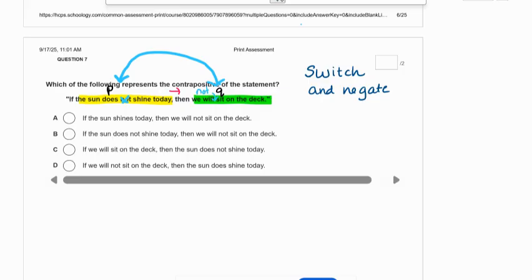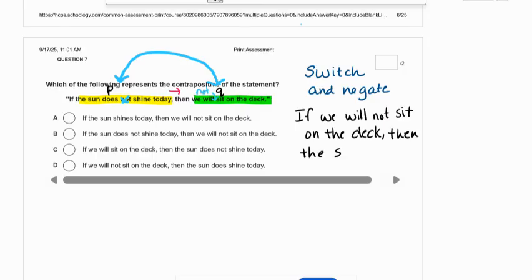Okay, so we're looking for if we will not sit on the deck, then the sun does shine today.